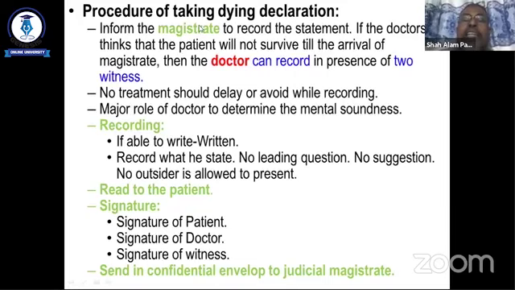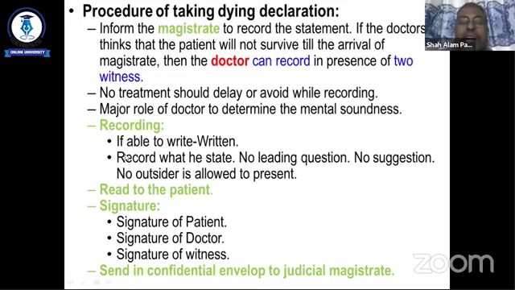If the magistrate records the dying declaration, in that case, doctor's presence is mandatory, because the doctor must certify the mental soundness of the dying person. Now come to the recording. If the patient is able to write, he will give the written statement.